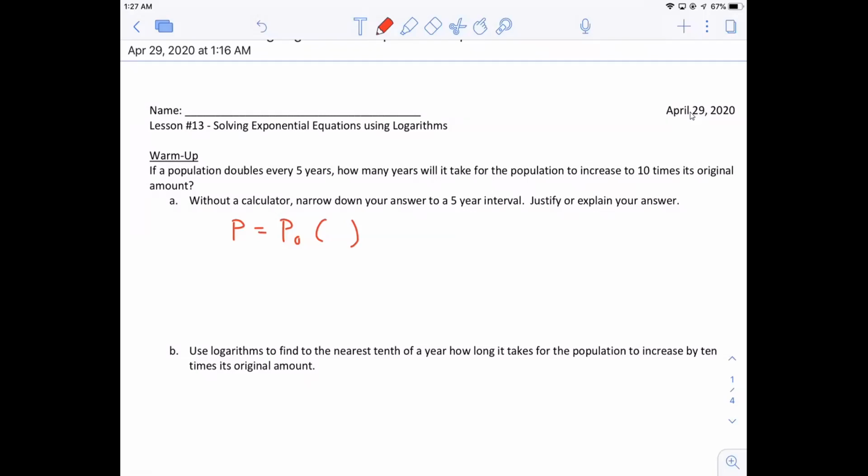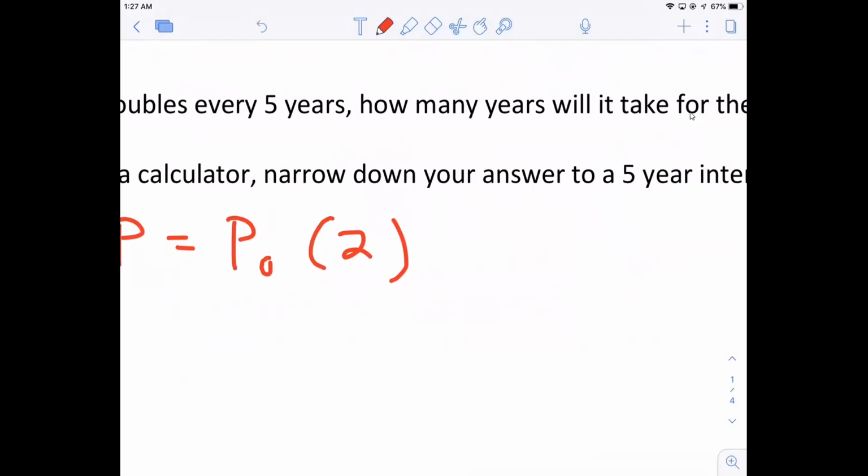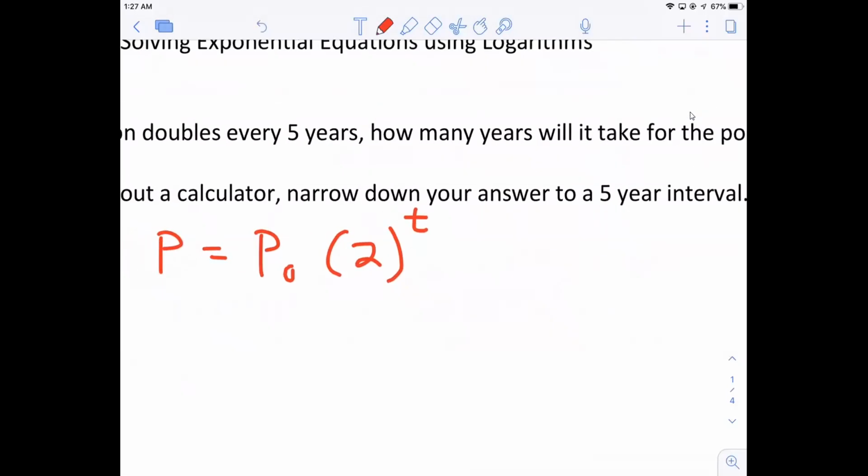So that's 1 plus 1, or 2. And if it were every year, I could just write 2 to the t power, right? But it doesn't double every year, it doubles every 5 years. So I really shouldn't even say my growth factor is times 2 because it's not doubling every year, it's doubling every 5 years. So what could I do to get the actual growth factor, or how should I change the exponent?